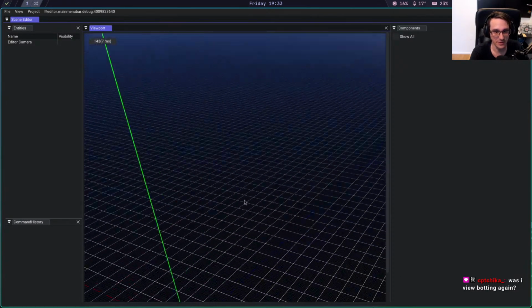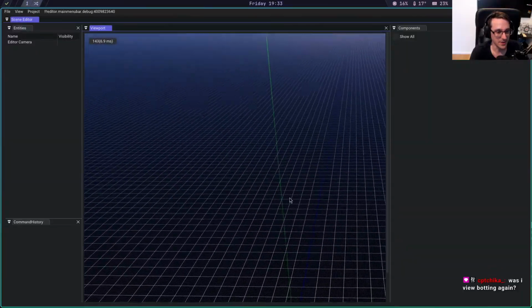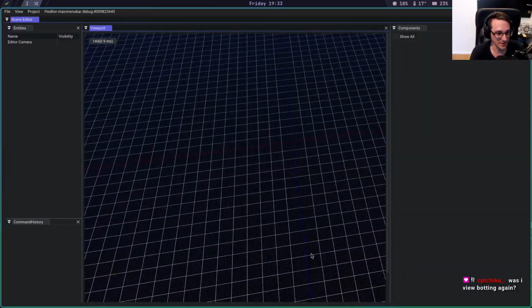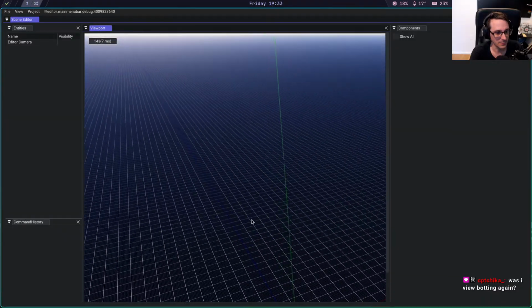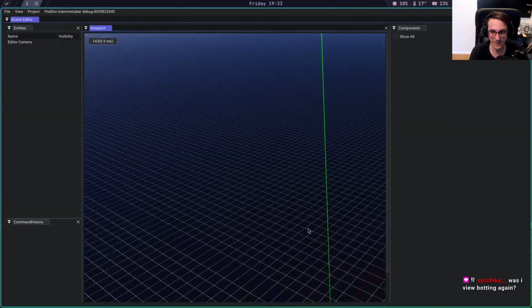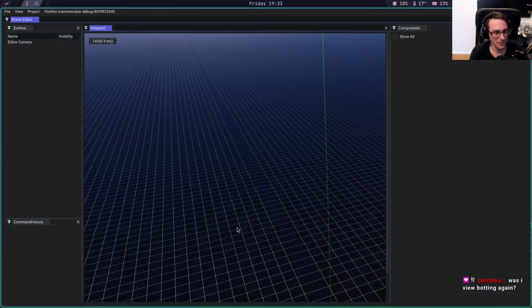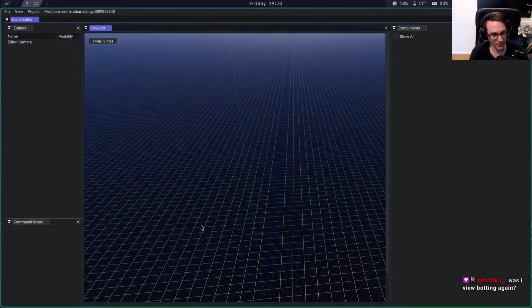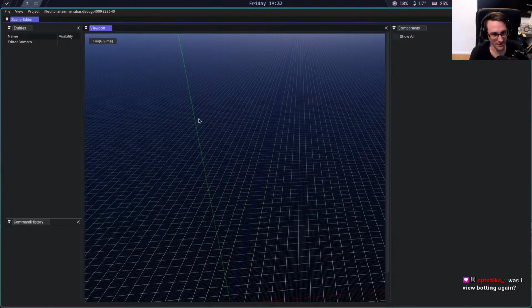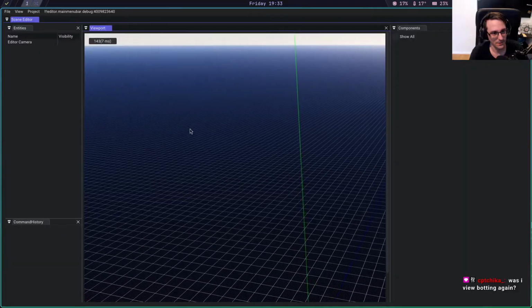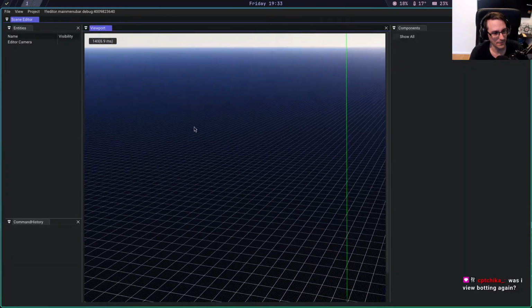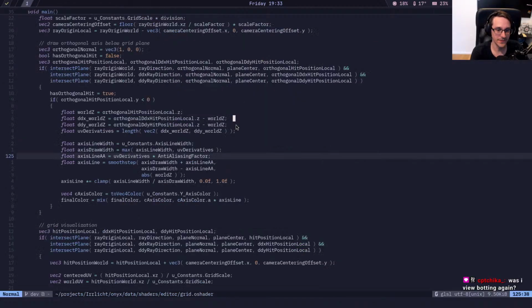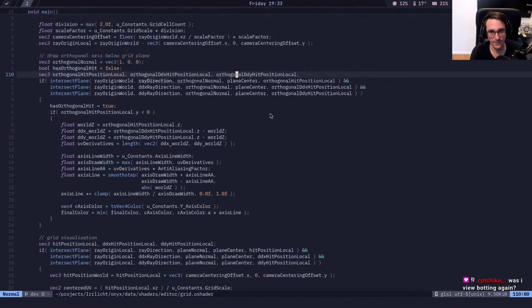If I look at it from the Z plane, on the Z axis, it's basically invisible, because it's basically a flat line at that point. So I think we will address this first, this line here. Is it actually semi-transparent? No, it is not. Okay. So let's do that first.